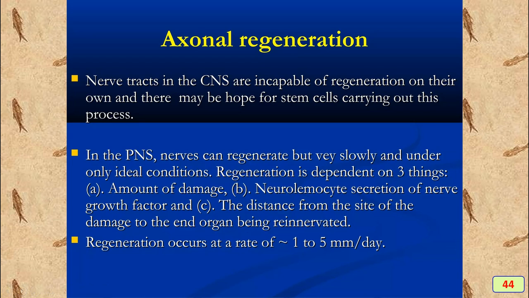In the peripheral nervous system, the nerves can regenerate, but it is very, very slow, and regeneration is dependent on the amount of damage, neurolemmocyte secretion of nerve growth factor, and the distance from the site of damage to the end being innervated. Regeneration occurs at the rate of 1 to 5 millimeters per day. It's a very slow process.